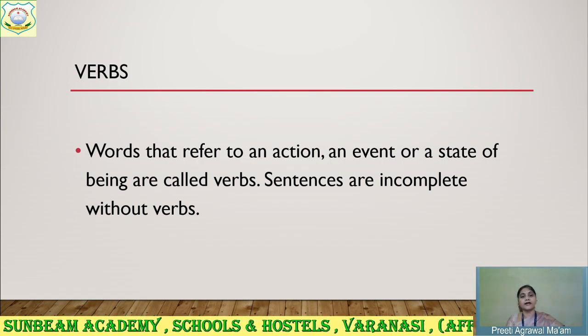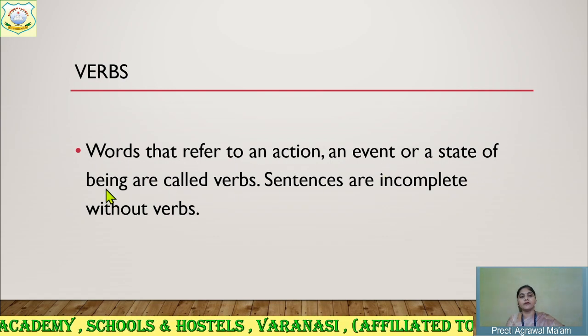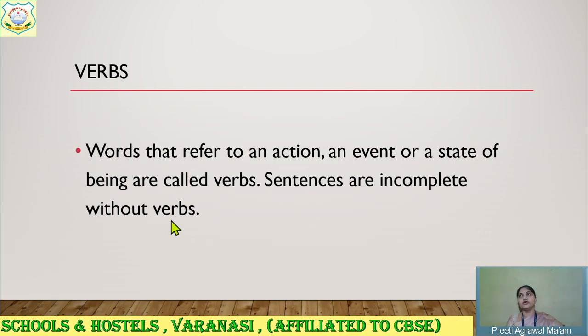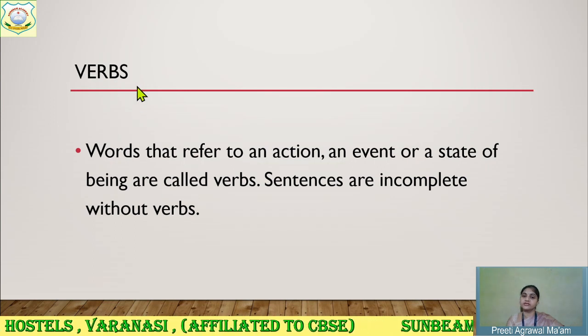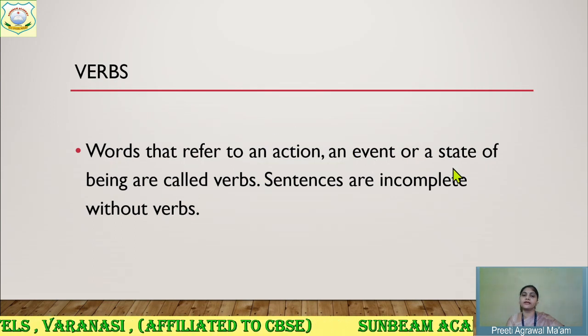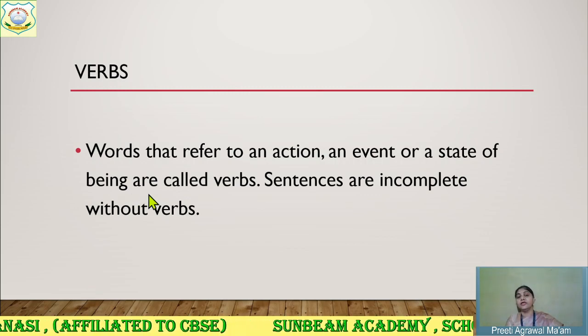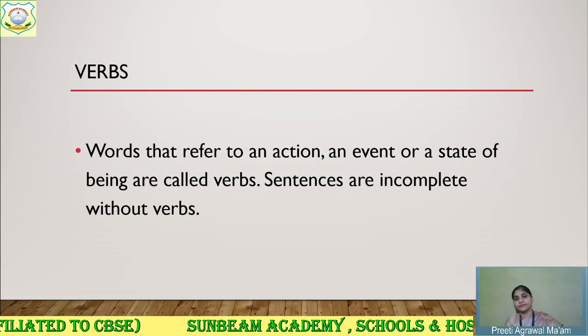So words that refer to an action, an event or a state of being are called verbs. Sentences are incomplete without verbs. It can be an event also or a state of being, which I explained in the previous class when I was explaining the chapter tense.